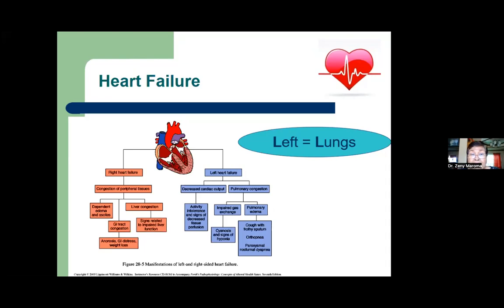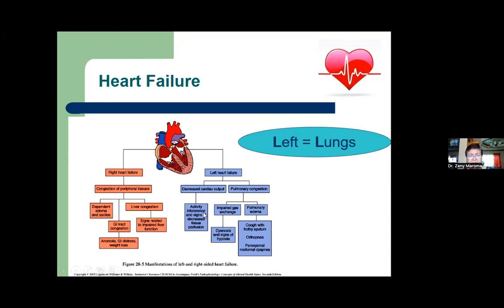Oliguria. Then, tataas ang BUN creatinine levels. Patient will have electrolyte imbalance, particularly potassium imbalance. Ayun. Tapos, because of altered tissue perfusion to all the body cells, pagod na pagod siya. Fatigue, activity intolerance.